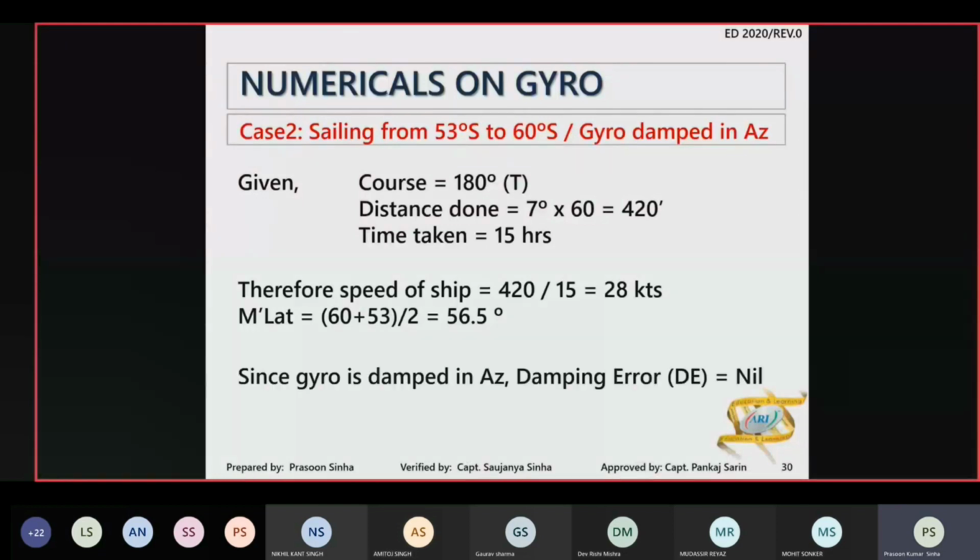Since it is southerly course, so the steaming error will be easterly or westerly. Before speaking, make the diagram. Southerly course 180 now.